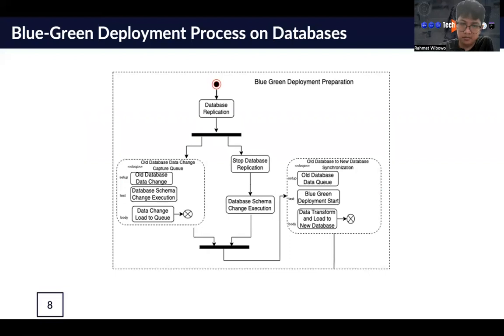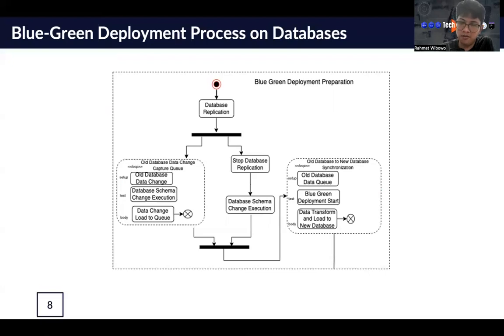Then, while we are stopping the database replication, all of the data changes are captured using CDC, and the data records are put into a queue. While the database replication is stopped, it executes the database schema change, like queries, for example alter table, drop column, and so on.